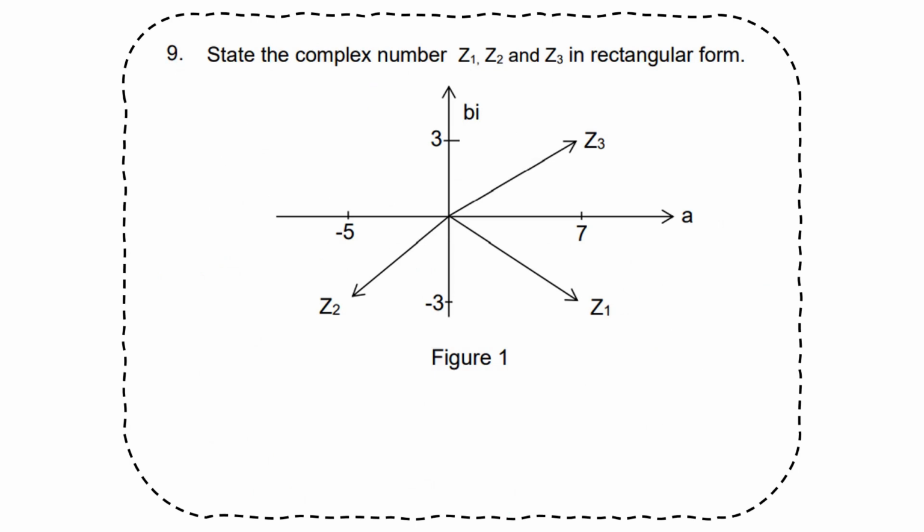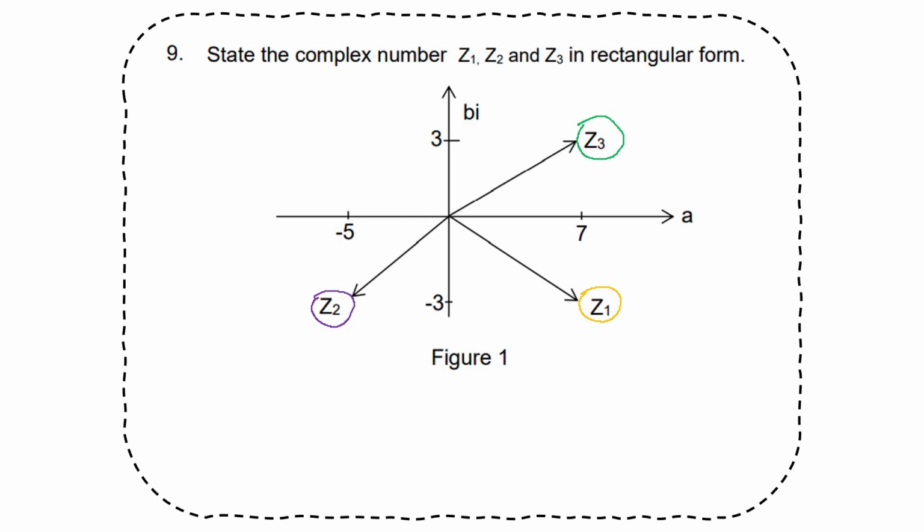Now we focus on question 9. State the complex number Z1, Z2, and Z3 in rectangular form. So we have here Z1, Z2, and Z3.